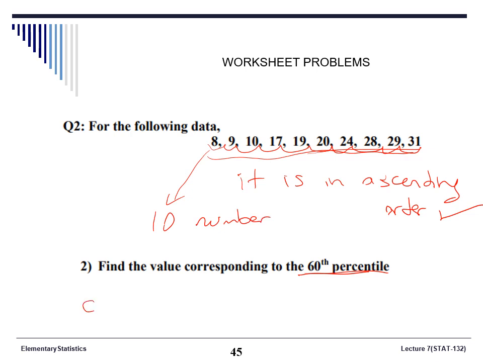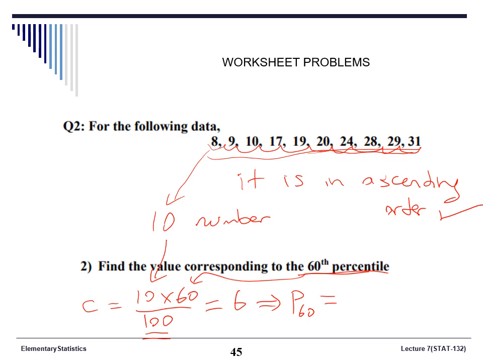If you don't remember, please look back and find the corresponding slide. You write 10 times 60, so the 10 is coming from here and 60 is coming from here, divided by 100 because you're dealing with percentiles. Then this becomes 6. Now P sub 60 is equal to the 6th number plus the 7th number divided by 2, because this is a whole number.